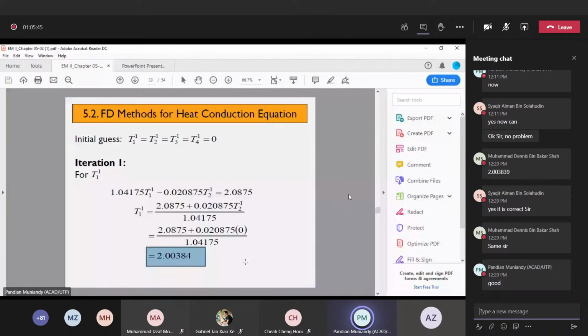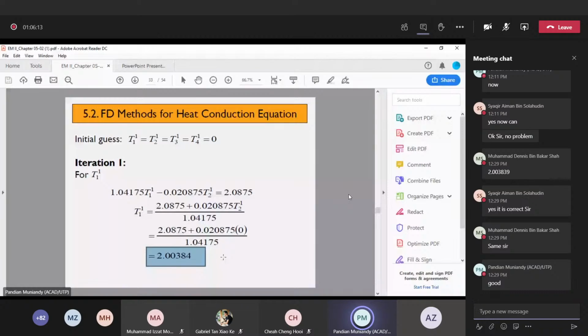We don't use the calculator very much when you use Laplace; that one is a really tough analytical method. But here, 100% you have to use the calculator. The question is 1 decimal, 2 decimal, 3, 4, 5, 6, 7, 8, and so on. To be nice, just take 5 or 6 is enough. So 2.00384. If there are any discrepancies in the output, please let me know.